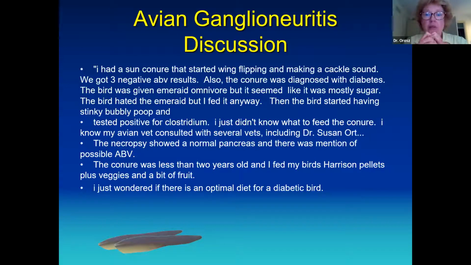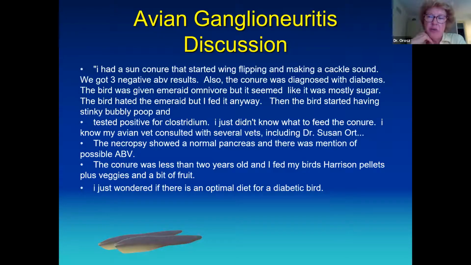So from the conure's perspective, I would probably go ahead and feed it something that's highly digestible. Dr. Klasing made a couple, and Laura, you'll have to jump in here, honey, because I can't remember. I know that Ted had to take one of those.